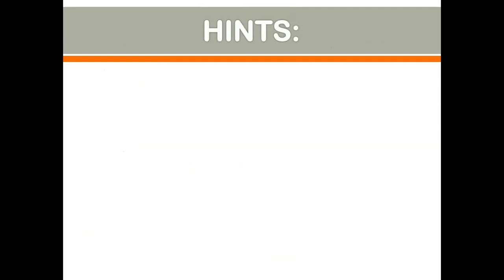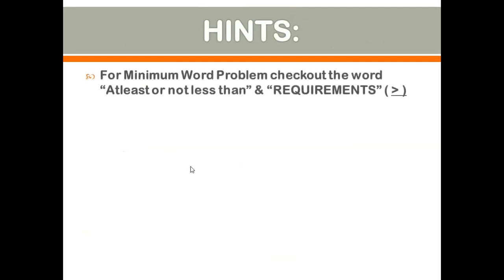So there are some hints as well. Now, when you will be dealing with minimum cost problems, the word problems, you will always specify the word requirements. So with minimum, always you have to attach the word requirements. Also, words like at least or not less than mean minimum. So keep that in mind.